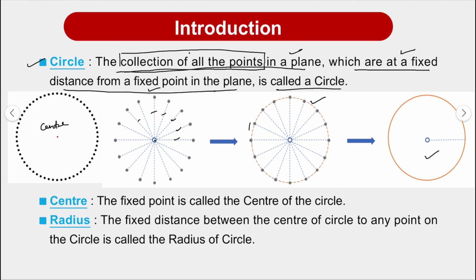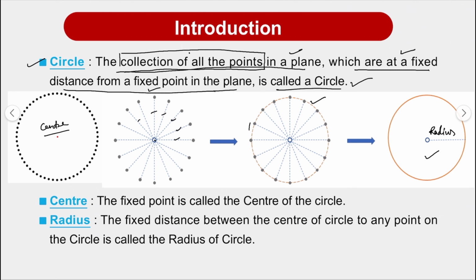That fixed distance is called the radius of the circle from a fixed point, and that fixed point is called the center. When you join all the points, you will get a figure which is called a circle.